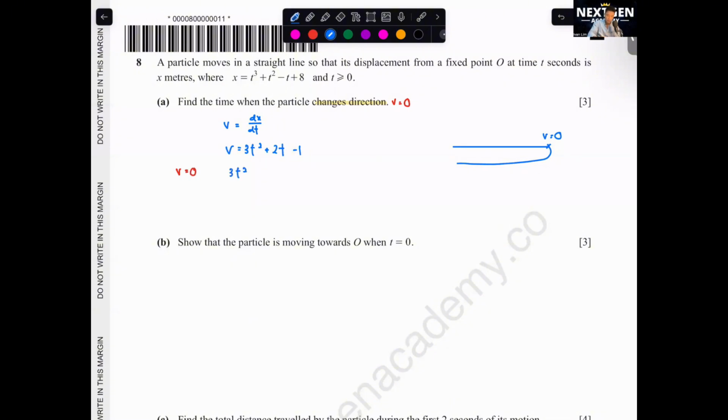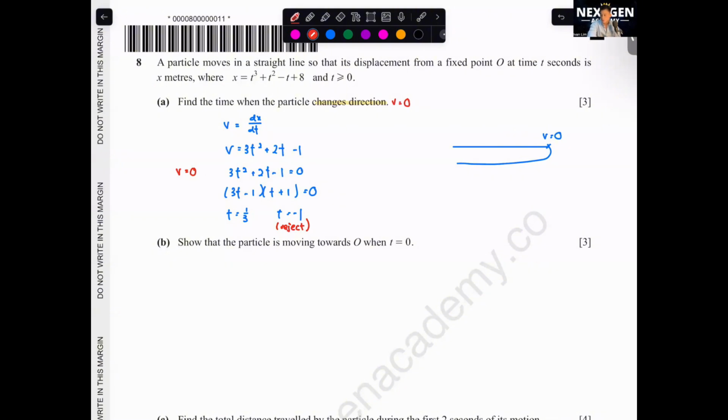Therefore, 3t squared plus 2t minus 1 equals 0. We factorize this: (3t minus 1)(t plus 1) equals 0. t is 1 over 3, or t is equal to negative 1. This one we have to reject because time will only be more than or equal to 0. Clear, this one? Just now a few of you said you were not sure how to do this.